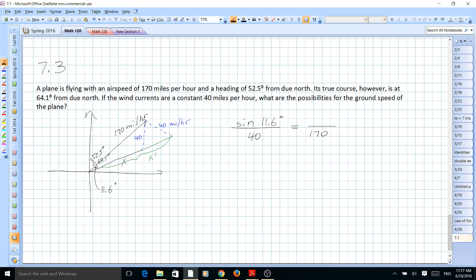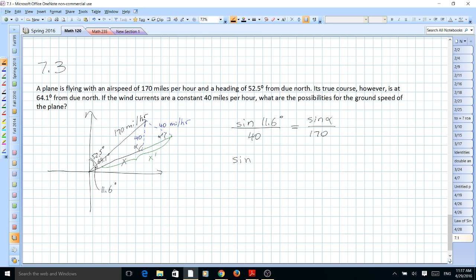And this is the angle that I will label as alpha. So I need to find what that alpha is. Now, of course, this would be alpha and this would be alpha prime, because there will be two answers to my problem.